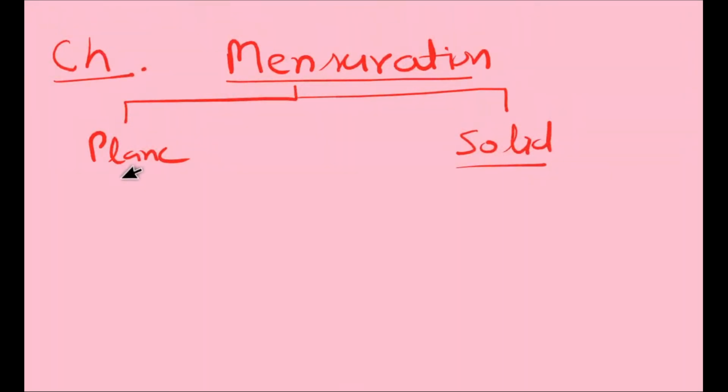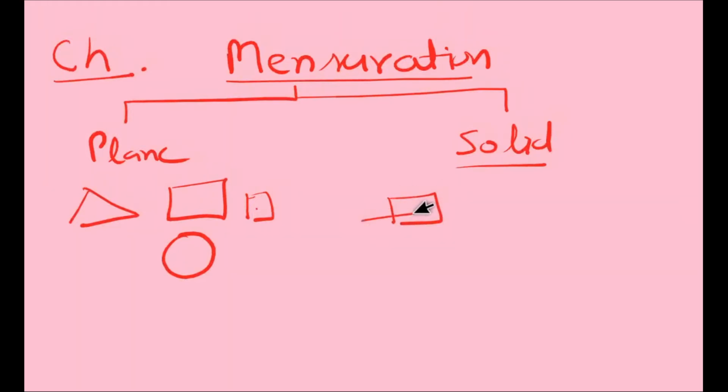In plane mensuration, we studied about triangle, quad, any type of the quad, rectangle, square, circle, and we read about this type of the plane. In solid, we will study about this type of the shape in three-dimension shape.